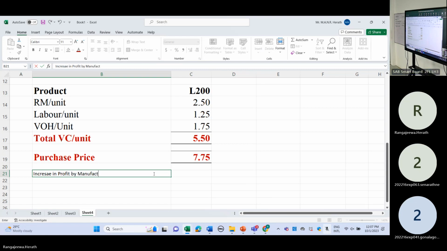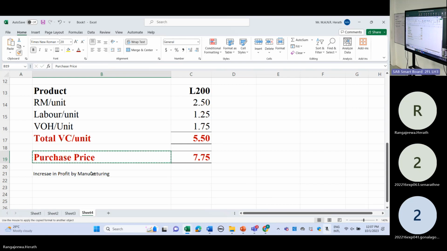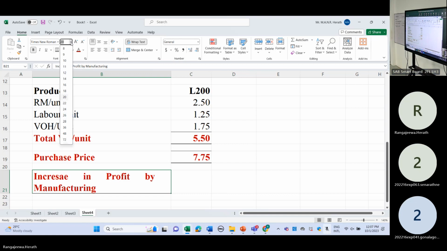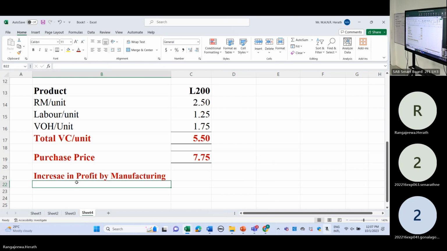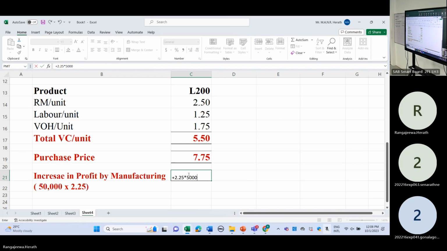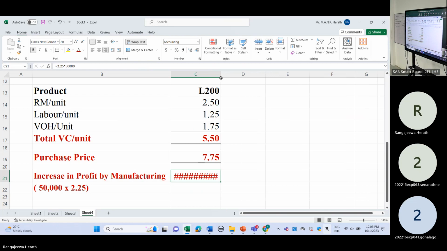We have to calculate financially: we produce 50,000 units, and the saving per unit is 2.25. So we can save 112,500. We can increase the profit.